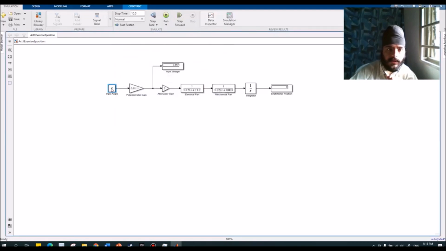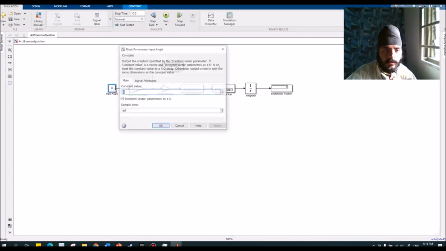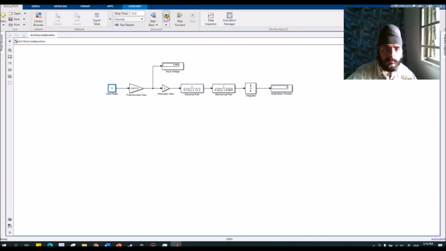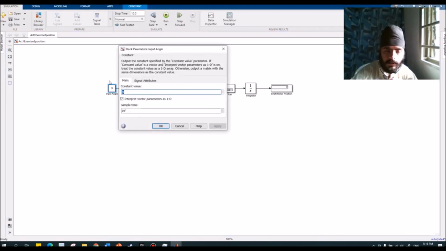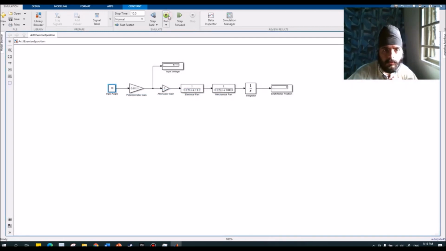Input angle 7, you'll be getting 4.278. And then for input angle 8, 4.889. Input angle 9, 5.5. As for the last one, input angle 10, we'll be getting 6.111.